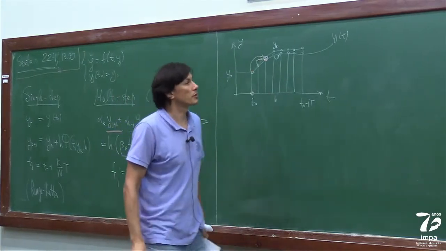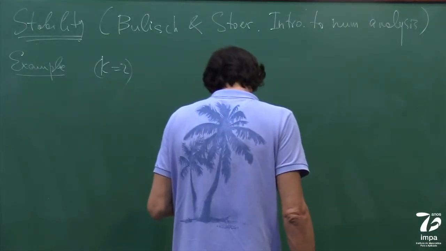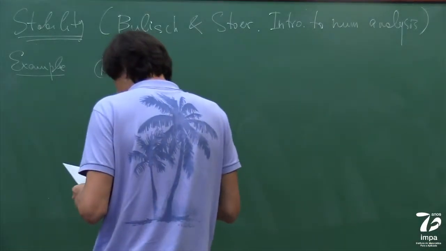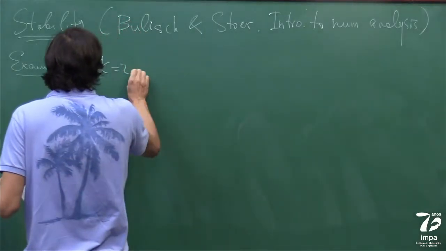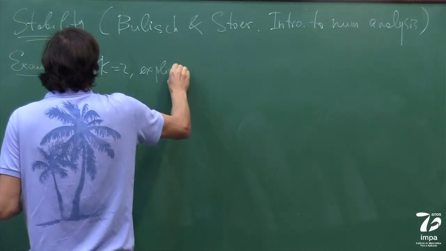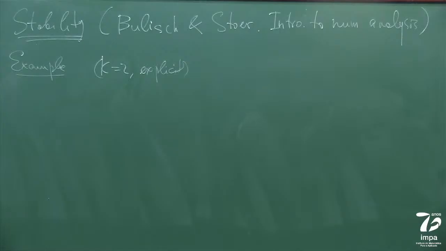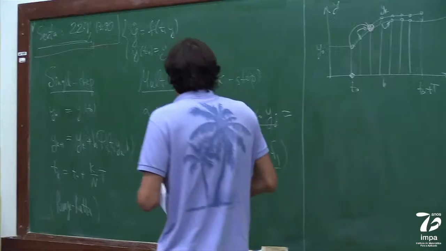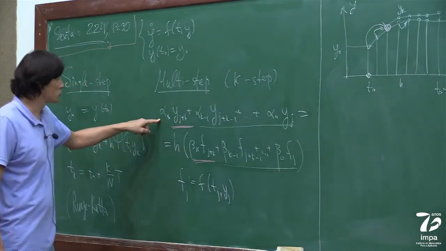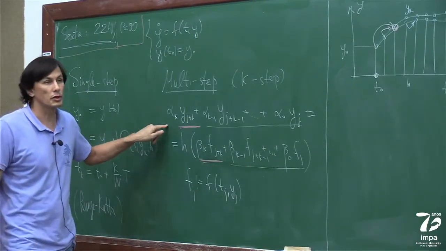Use two previous steps. And also we will consider the explicit version. So what is it? Just k equals 2. So we have y j plus 2. Let's already put coefficient 1 here. All coefficients are up to multiplication by a constant, right? So we can put 1 here.